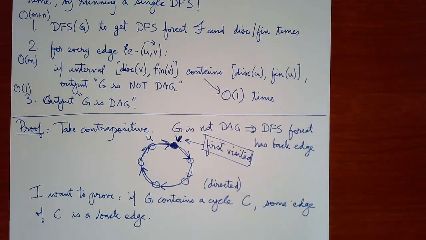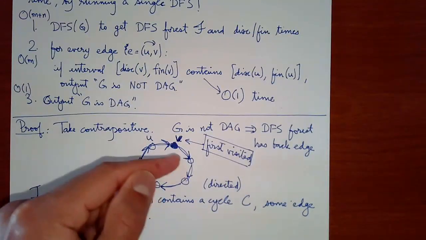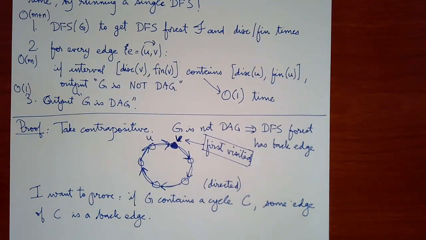Why is that going to be a back edge? Because if you keep going back to the ancestor of the nodes connecting to V, you will reach V. Yeah, but that doesn't mean it's a back edge in the DFS forest. These edges might not be edges in the DFS forest or the tree.